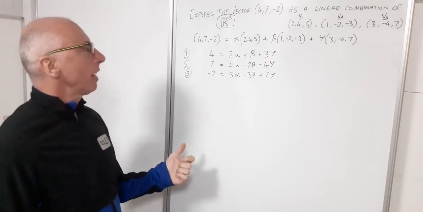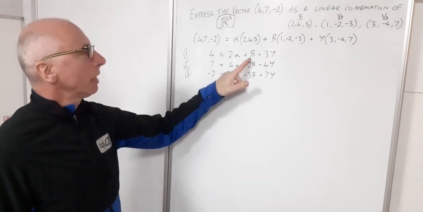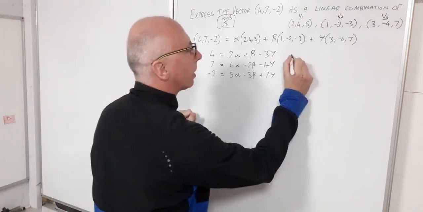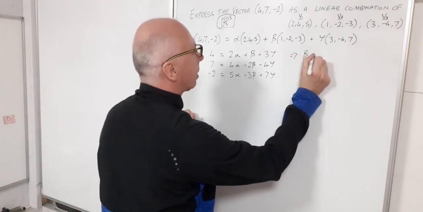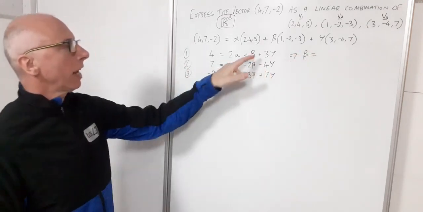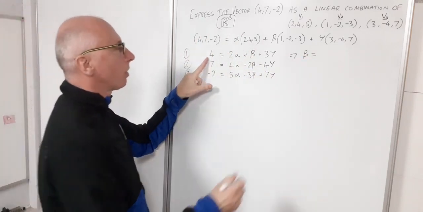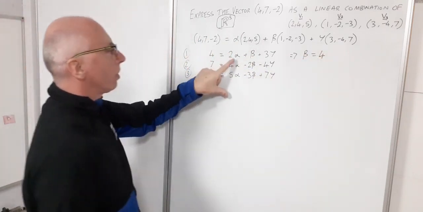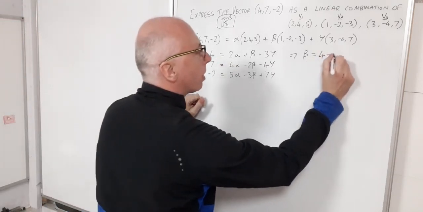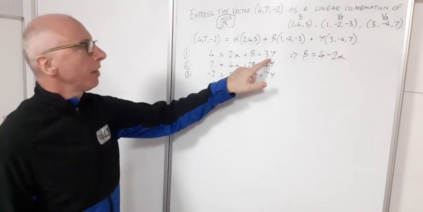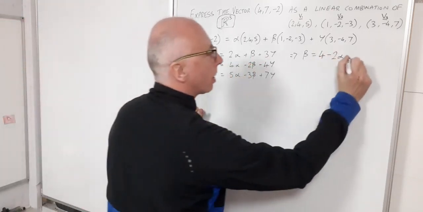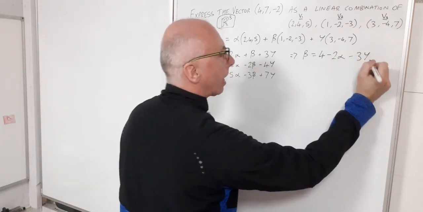So let's isolate beta. Beta will equal 4, then the 2 alpha can come across, so minus 2 alpha, and the 3 gamma also can come across, so minus 3 gamma.